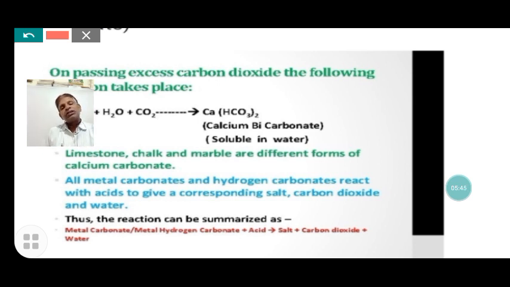That is the basic conclusion of the activity. We conclude that whenever metal carbonate or metal hydrogen carbonate reacts with acid, the corresponding salt, carbon dioxide and water are formed. This is the reaction of the acid with metal carbonate and metal hydrogen carbonate.